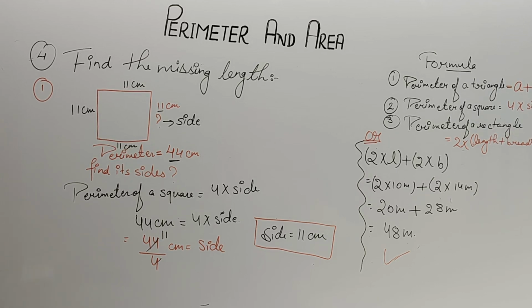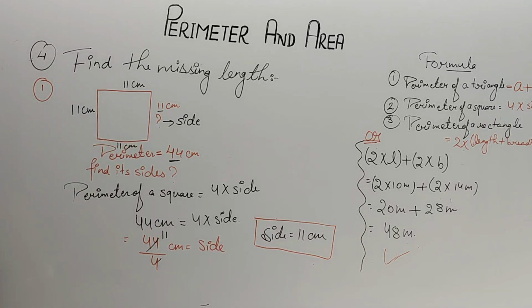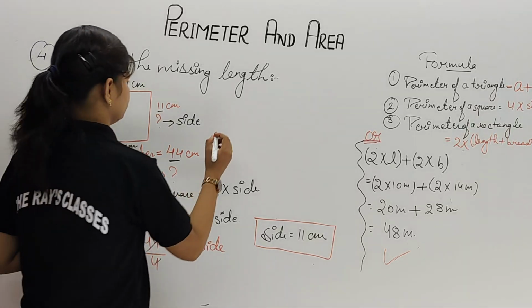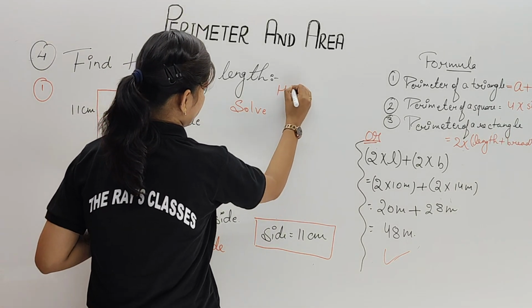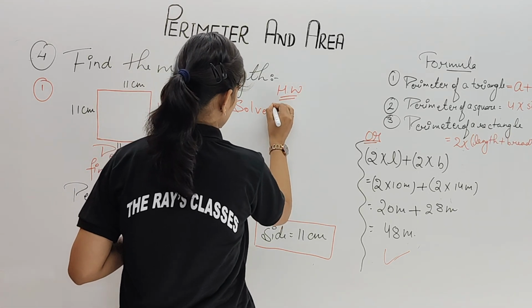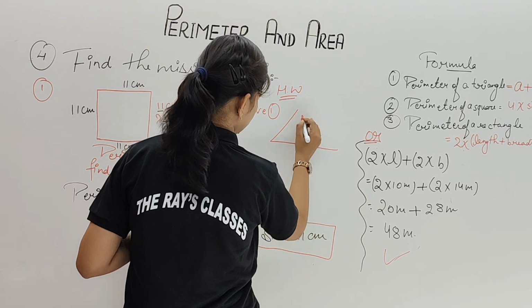In case of a triangle, if your question is given, this is just an example, you have to solve that one. Solve the first one, this will be your homework, I can say. This is just your rectangular figure.